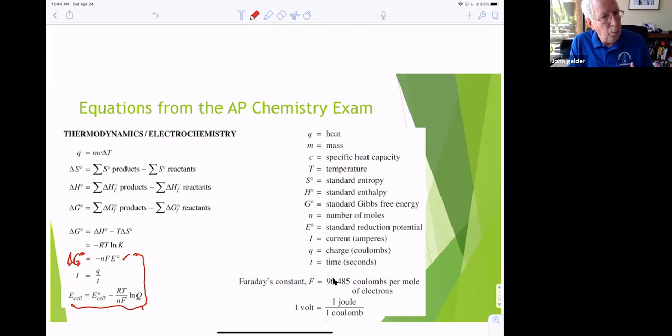I think that we should look at that equation a little bit differently than the equations above it, because I don't expect that we will see questions that require the actual calculation of a cell potential, an E cell, under non-standard conditions, which is what this equation addresses, because it would require too many points to be attributed to just one equation.